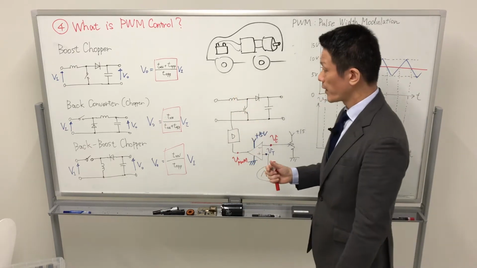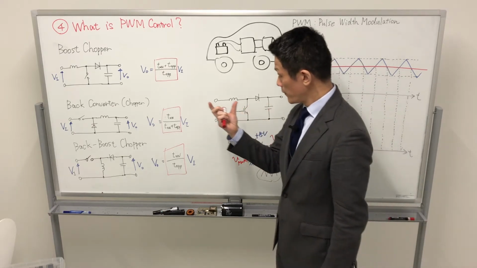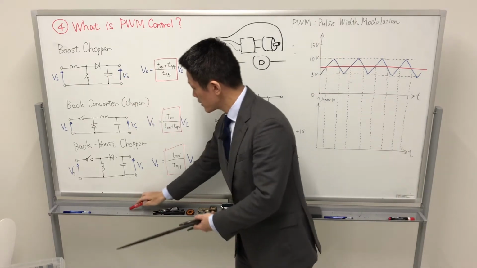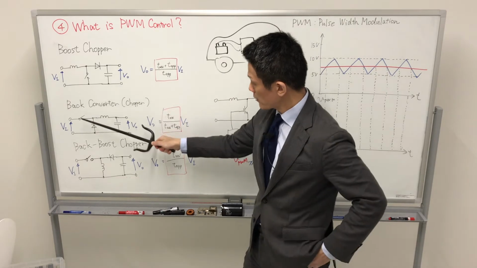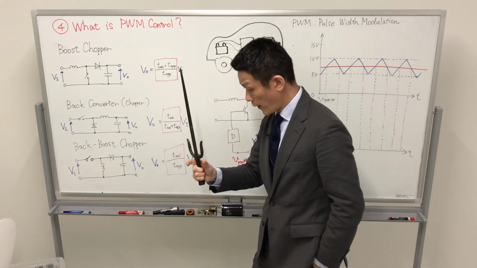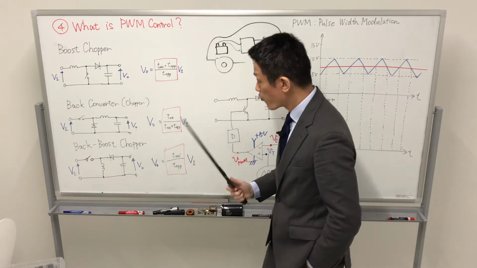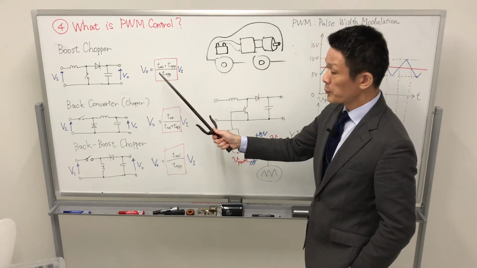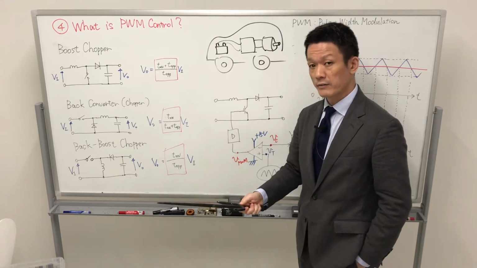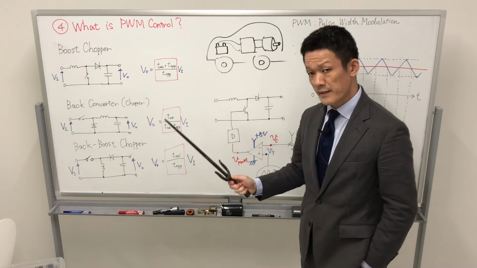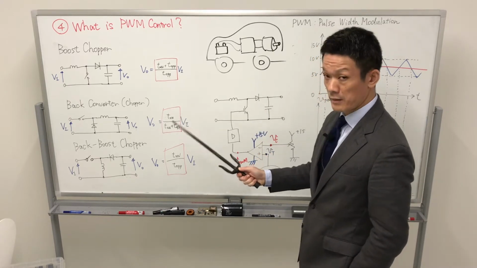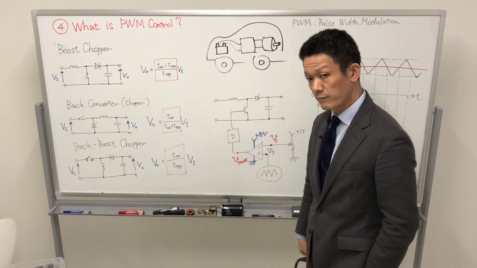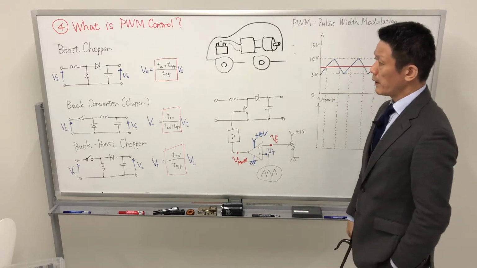The turn-on and turn-off timing of each power semiconductor influences the output voltage directly. That is the essence of the chopper circuit.